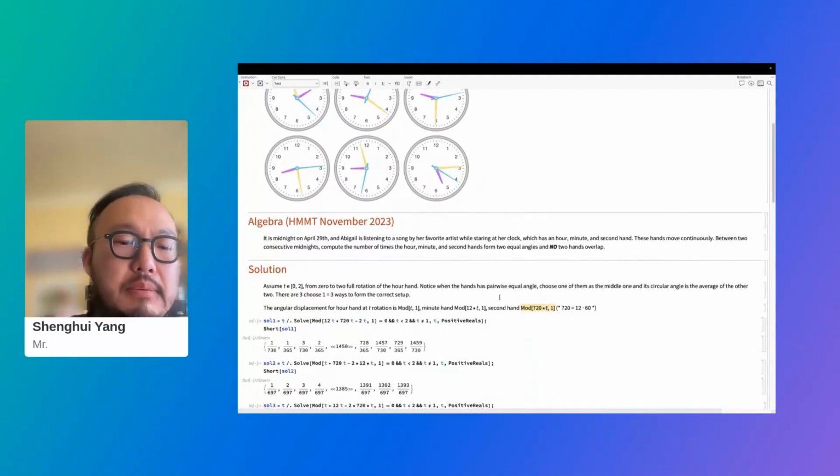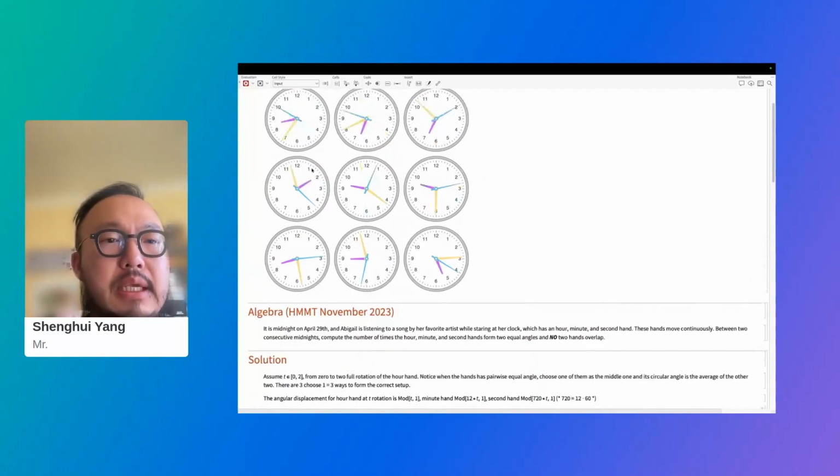So let's say, for example, the hour hand is in the middle, which means it is the average of the angular displacement of the minute hand and the second hand. So basically, it's (a plus b) over 2 equals c. In this case, it's (a plus c) divided by 2 equals b.